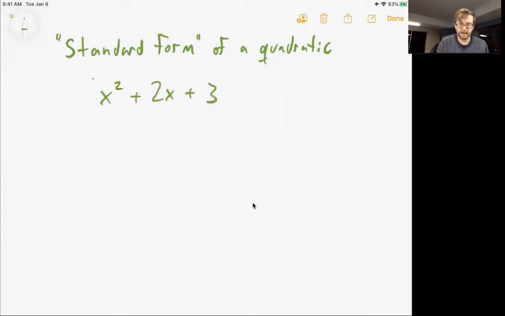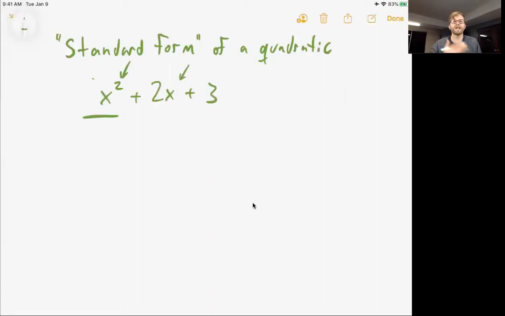Since the x squared was the largest term, of the second power instead of the first power, right? We put that over on the left, okay? So that's standard form of a quadratic.